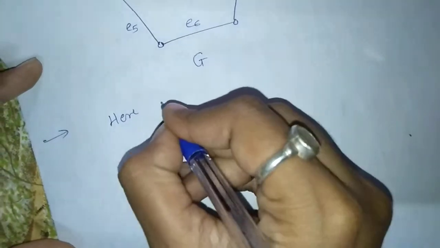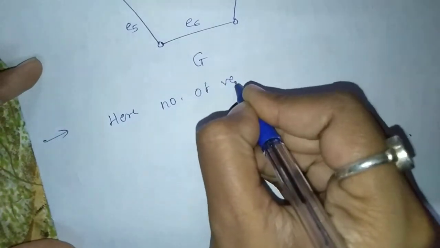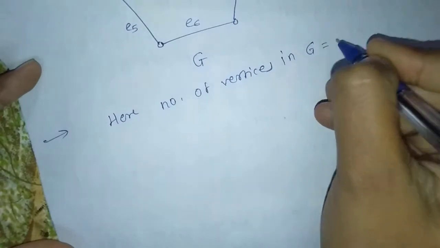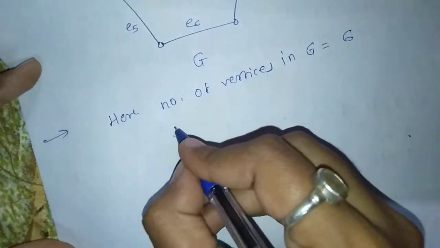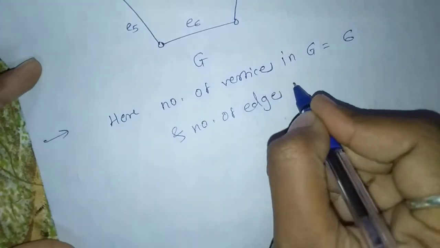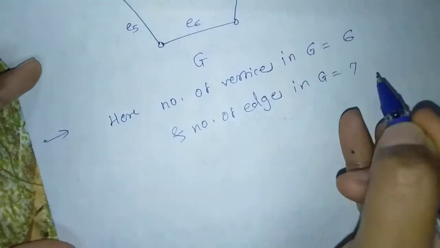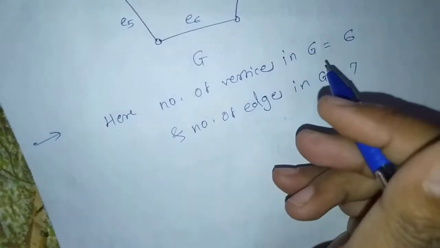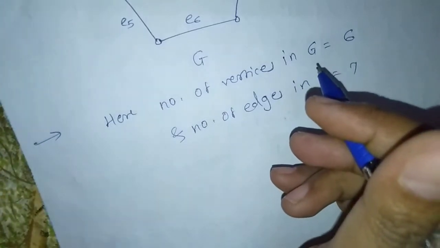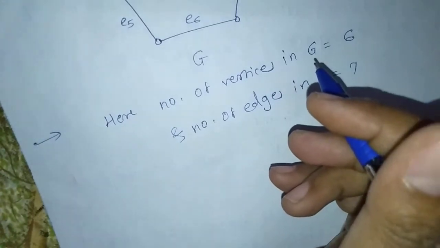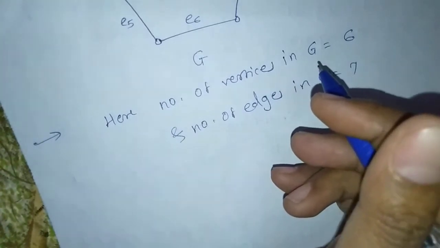Here the number of vertices in G is equal to 6 and the number of edges in G is equal to 7. When we draw a spanning tree, there must be 6 vertices and the number of edges must be 5, meaning 6 minus 1 is equal to 5.